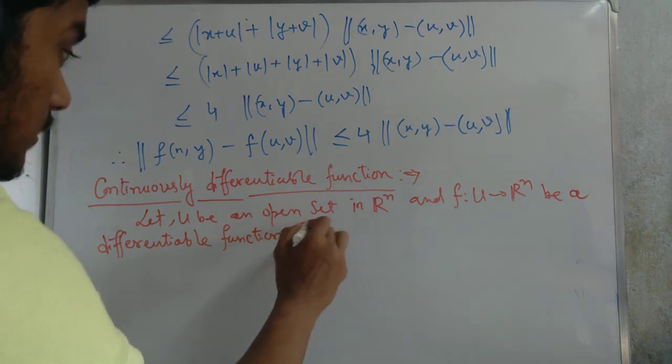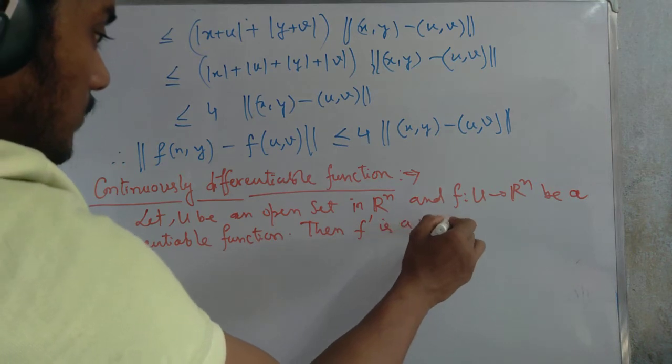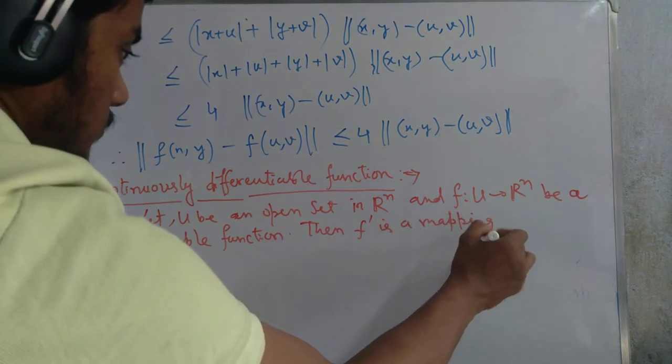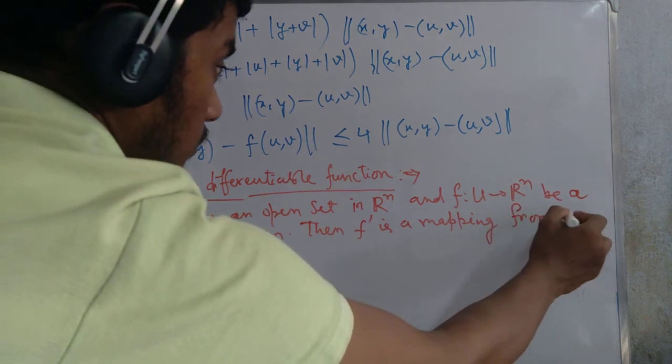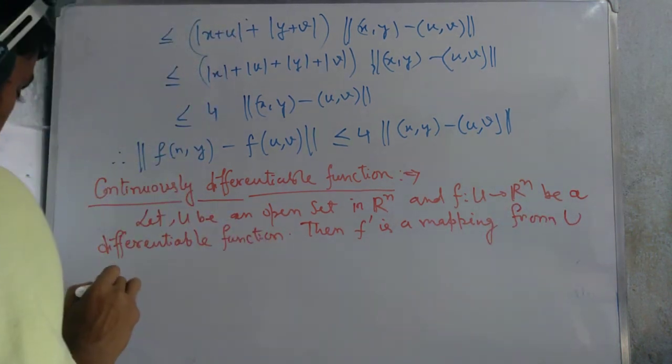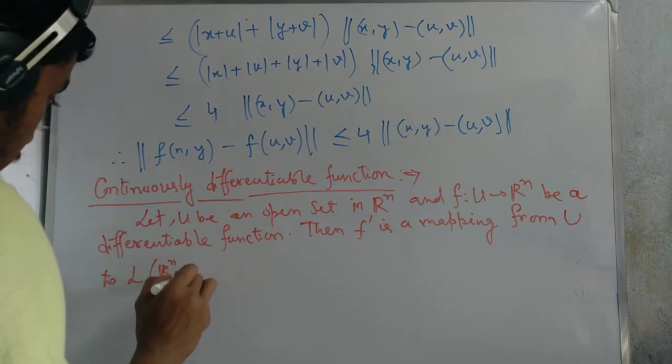Then f dash is a mapping from U to L(R^n, R^n).